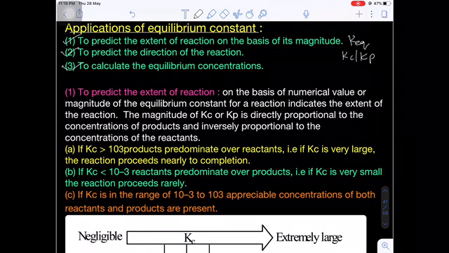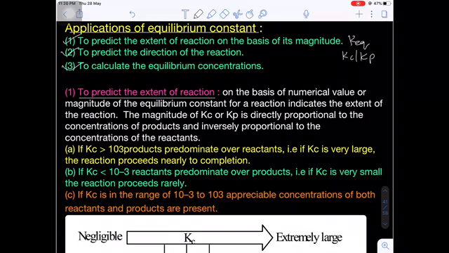Now, the first application is to predict the extent of reaction. On the basis of the numerical value or magnitude of the equilibrium constant, the reaction indicates the extent of the reaction.